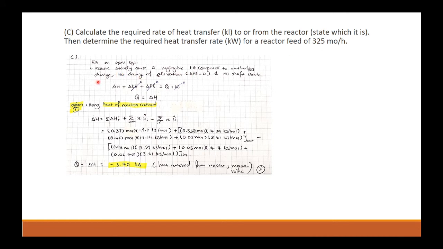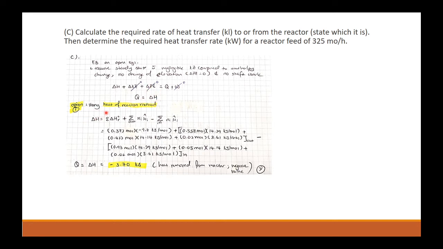So we assume that it is a steady state with negligible kinetic energy change, there is no change of elevation, and no shaft work being done. This simplifies our energy balance equation into Q equals delta H. So basically, to calculate our heat transfer Q, we need to find delta H.